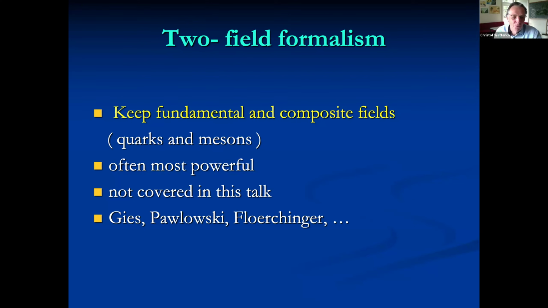I refer you to work by Holger, Jan, and Stefan Flörchinger. There's a lot of work, and this is actually really pretty powerful. It has a disadvantage that, of course, if you have two fields, then you have, in general, to go to a more extended truncation because additional invariants become possible. So that will be the part not covered by today's talk.